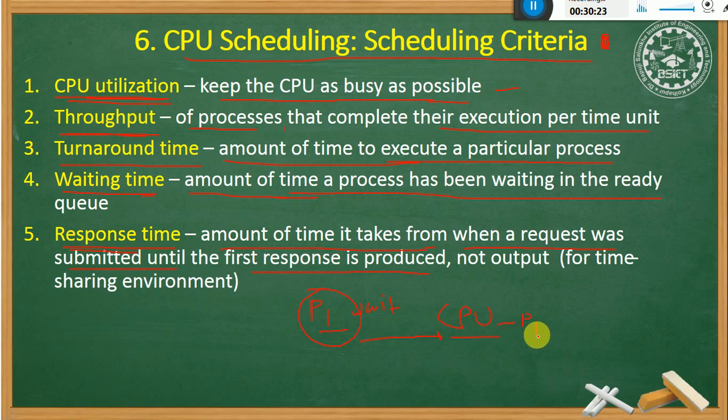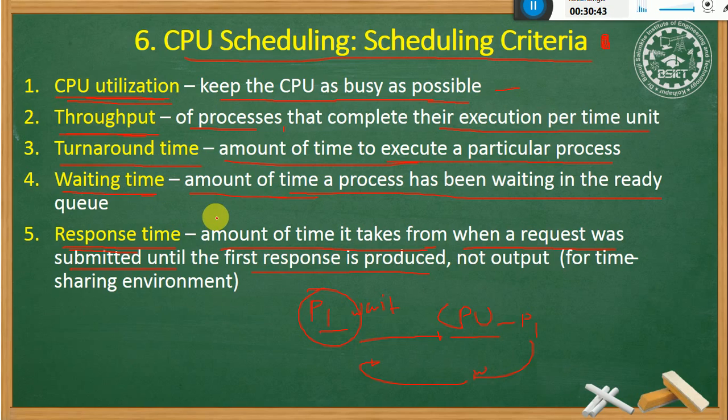If your process is IO bound, then it will go into waiting and then it will be in the ready queue again. So turnaround time is the addition of response time plus waiting time plus execution time. That is called the overall turnaround time.